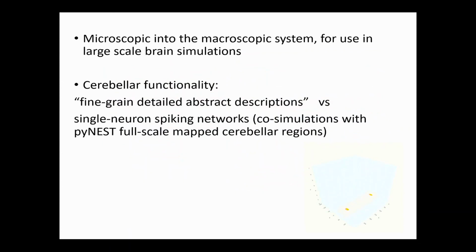So this is just a very general design. We would like, with the idea of putting microscopic features into this system, to have this abstract, fine-grained description of the cerebellar nodes, and to compare it also with a co-simulation between PyNEST single-cell networks mapped on this node, running within The Virtual Brain, compared to this abstract description of the nodes, but trying to keep the same structural and then functional properties.